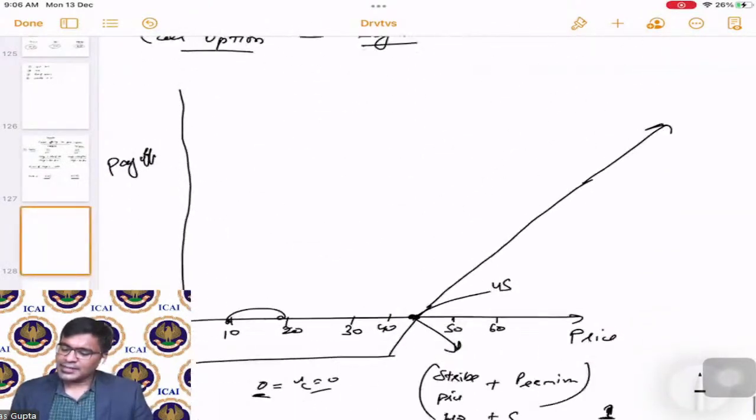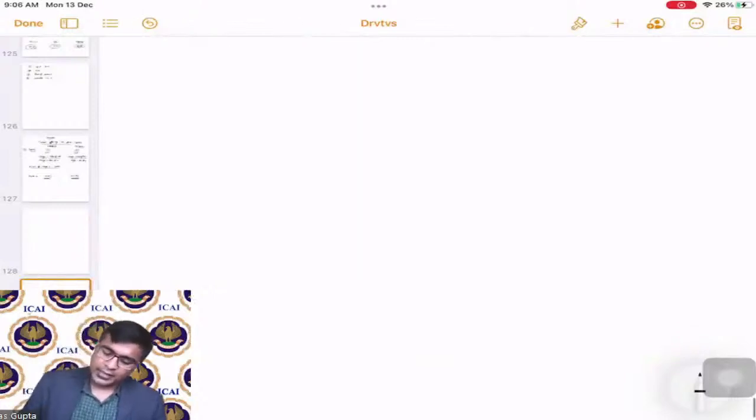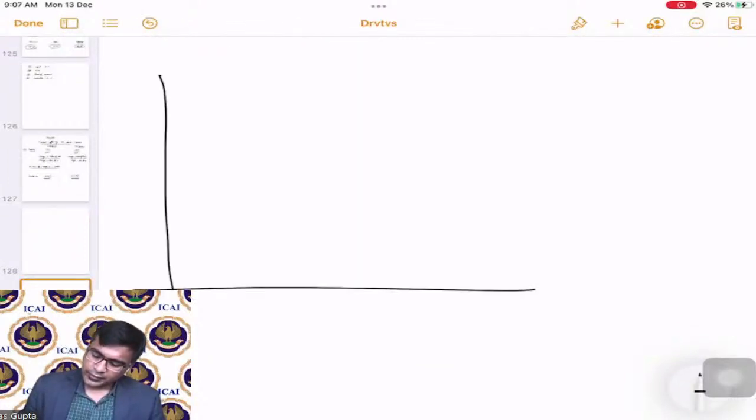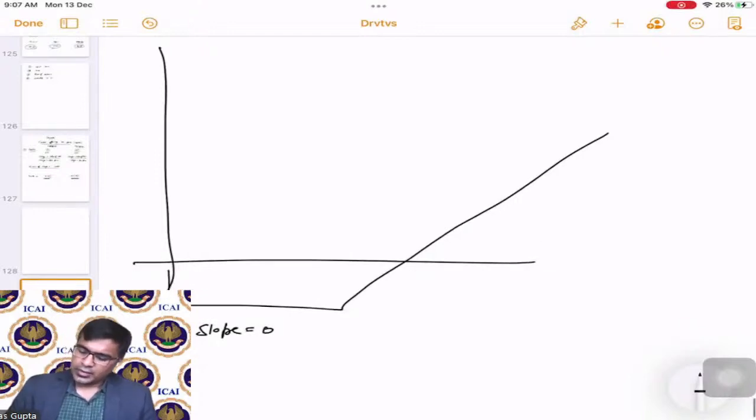Now, while we say this, can we say that, let me draw this diagram again here. This is there, correct? Can we say that this is nothing but the slope of this line? Because here, if you see, slope is equal to 0, correct? And here, the slope will be somewhere greater than 0, correct?